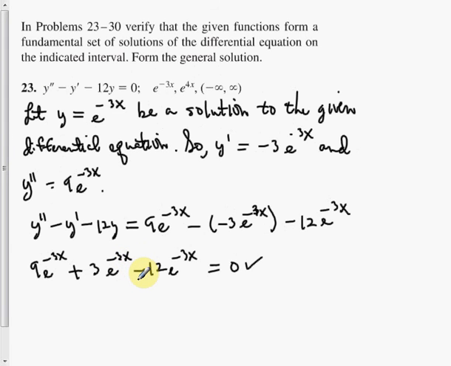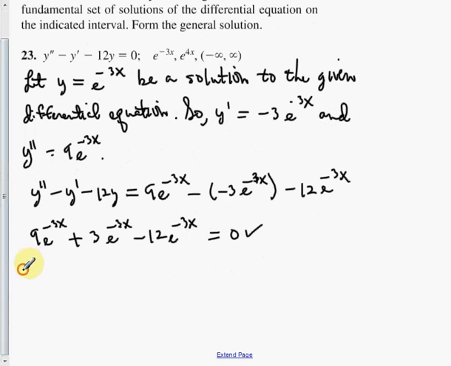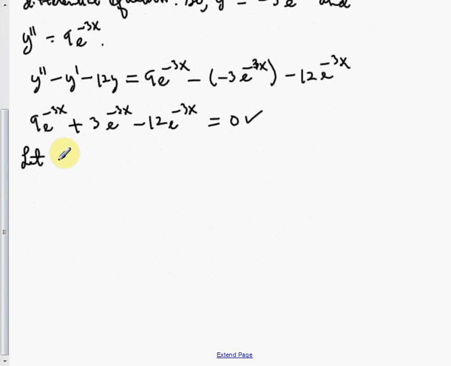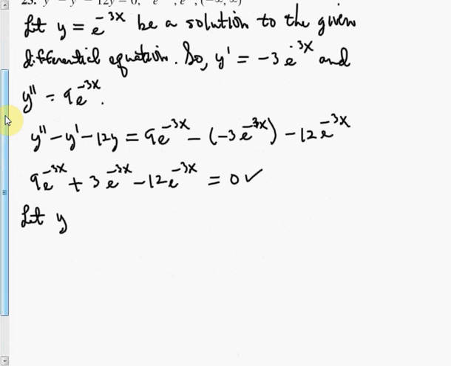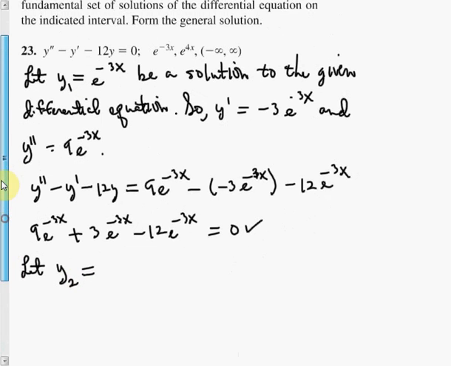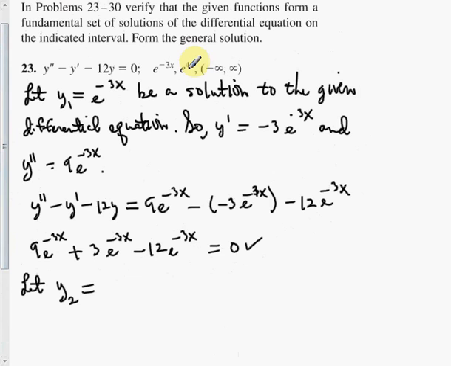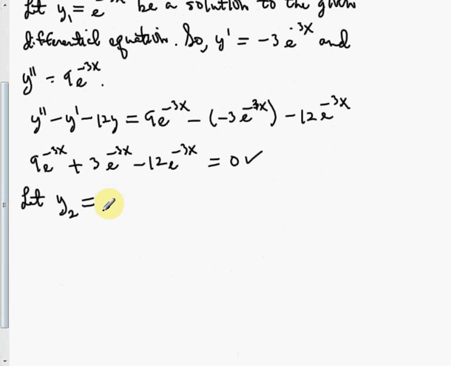So now we do the same thing for the second solution. Typically we'll say y sub 1 and y sub 2, to show that there are two solutions. Let y sub 2 equal to e to the 4x, and let this be a solution.